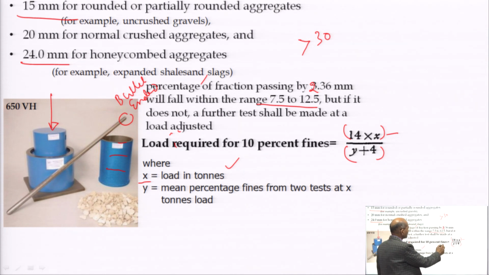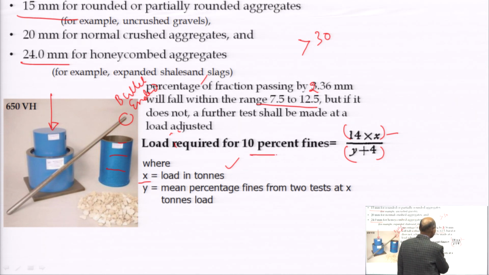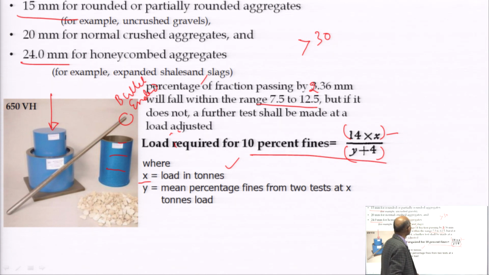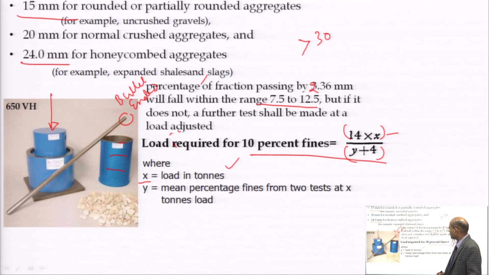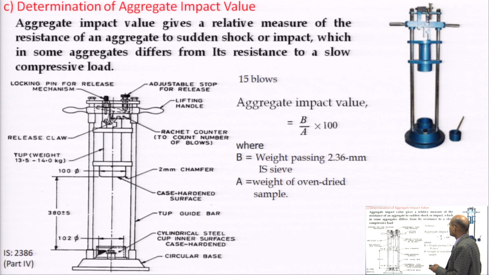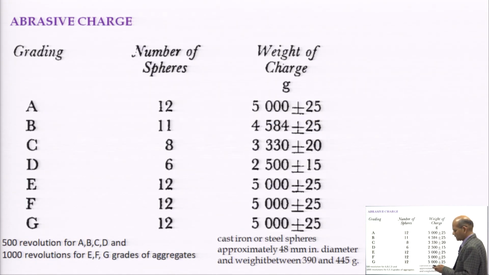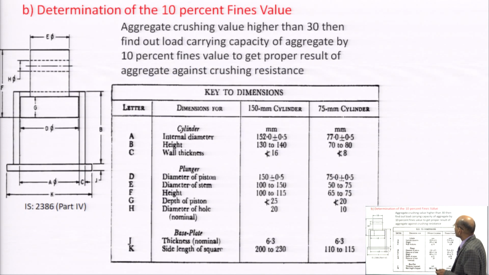Then we find the load in tons with the help of this formula, which gives the 10% fines value. This is important when the quality of aggregate is not good, or when you are using it for road construction and pavements for runways, in which case this value should be less than 30.